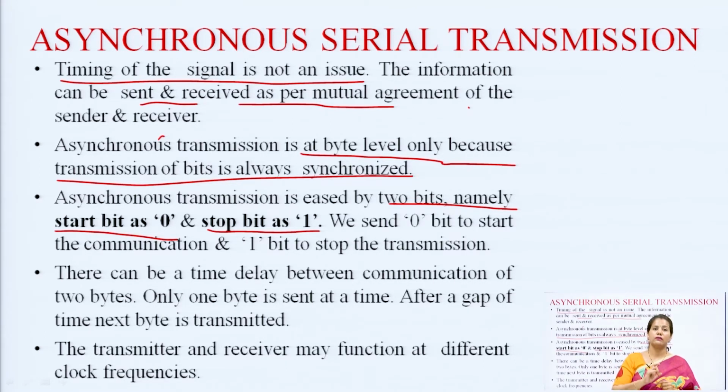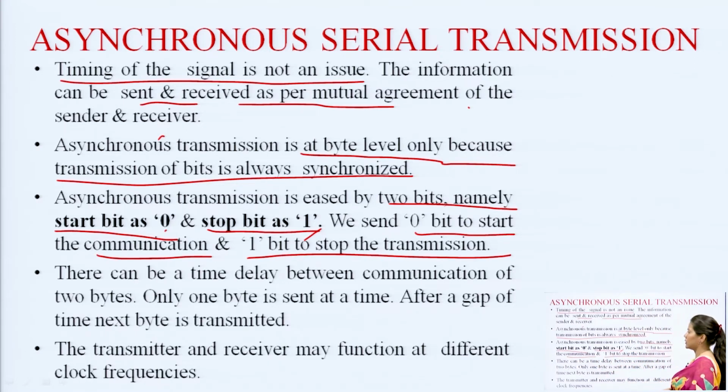So, the receiver will understand that the transmission is being stopped. In this way, synchronization is attained between the sender and the receiver in asynchronous serial transmission. Since there is no clock, synchronization is attained using start and stop bits, and as a standard, the start bit is always 0 and the stop bit is always 1. We send a 0 bit to start the communication and a 1 bit to stop the transmission.